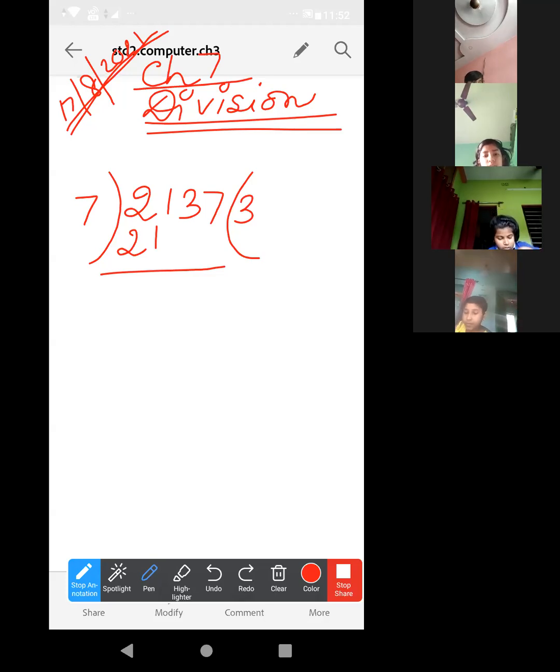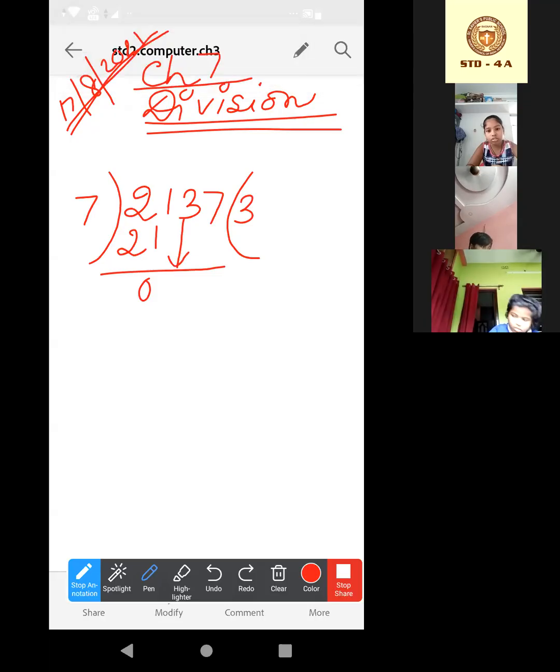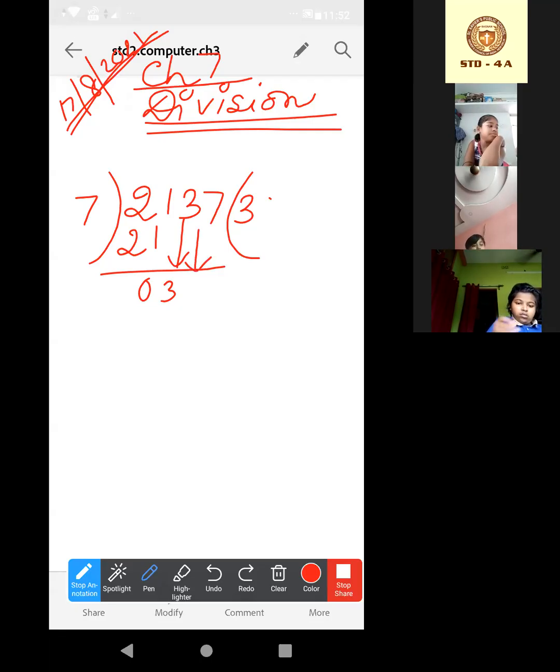Now this will be 0. This 3 will come here. But still 3 is less than this 7. Not divisible by this 7. So we have to take this 7 also, and we have to put a 0 basically as 3 is not divisible.